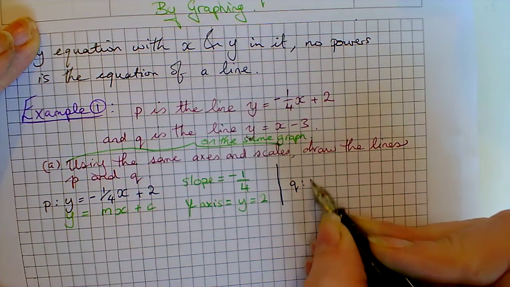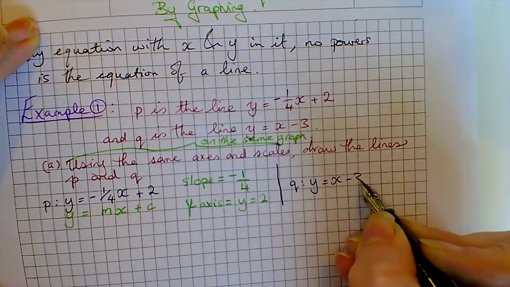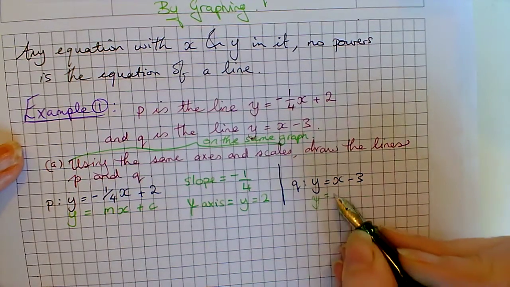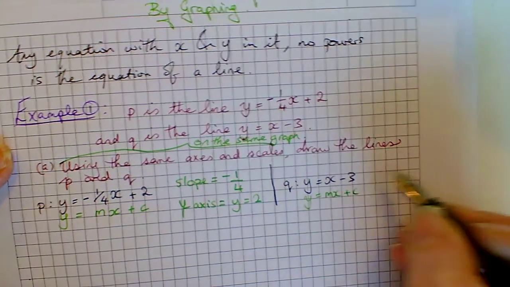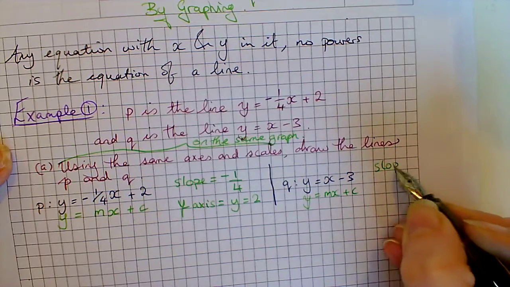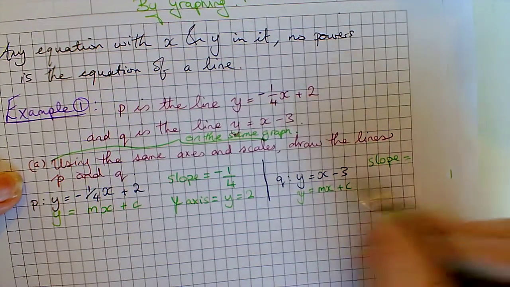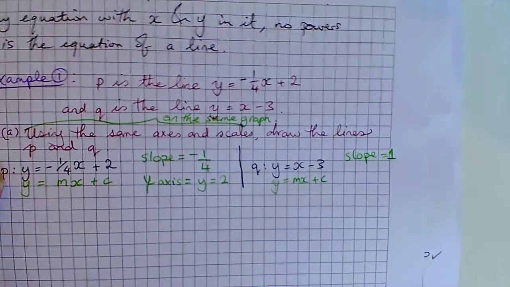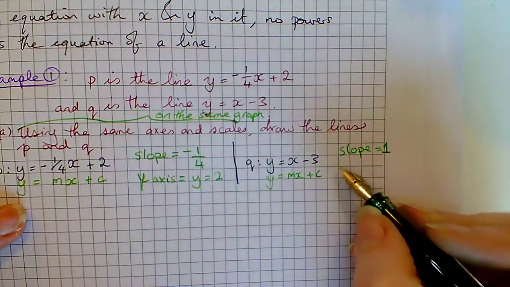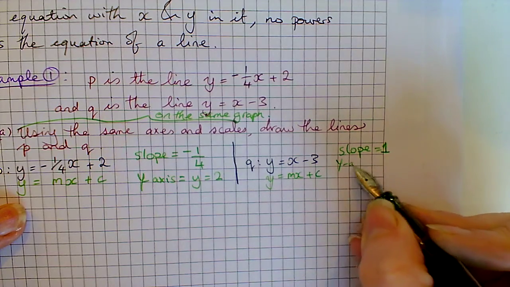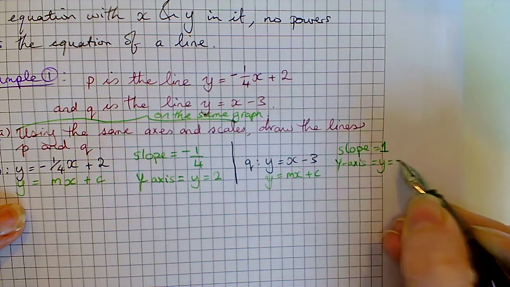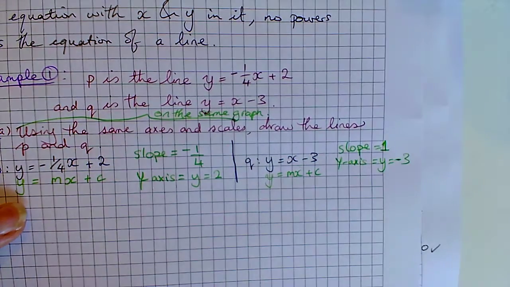So for Q, y is equal to x minus 3, and that's also in the form y equals mx plus c. The slope for this line is the x coefficient, which is 1. It's a positive slope, 1 over 1. And my y-intercept comes from y equals minus 3.